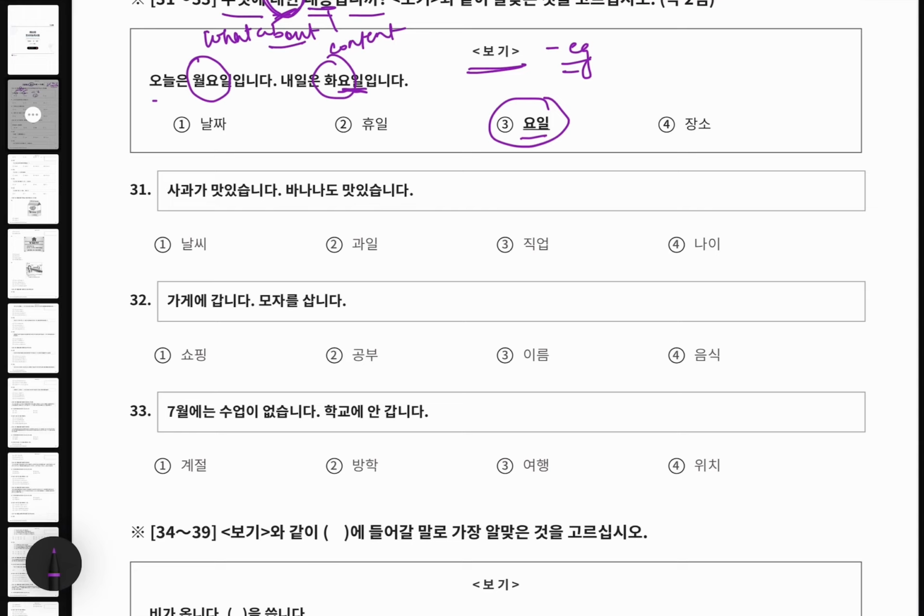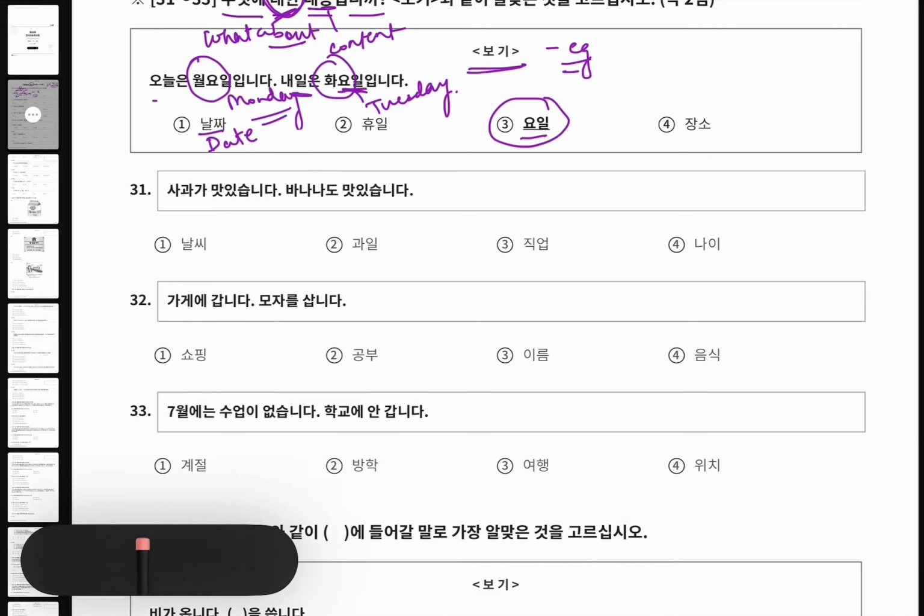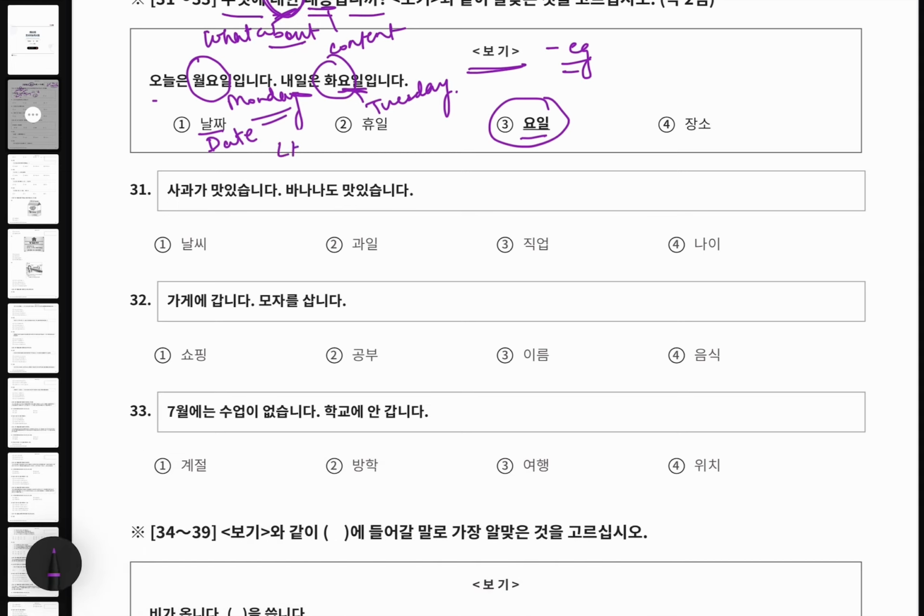Otherwise, 오늘은 월요일입니다. 월요일 is Monday and 화요일 is Tuesday. So today it's Monday and tomorrow, 내일, is tomorrow. Tomorrow it's Tuesday. 날짜 means date. Nalja means date. Some people get confused between nalssi and nalja. Nalssi is weather and nalja is date.